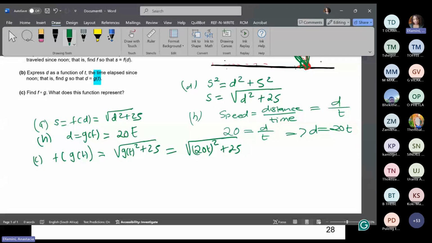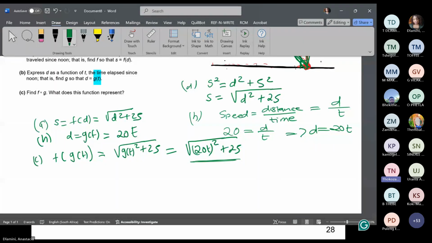Now they say, what does this function represent? Composition of functions. This one, what does it represent? Ma'am, can I try? Yeah, ma'am.